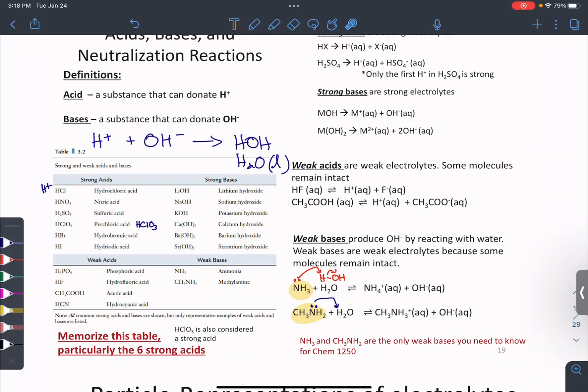Good. Then I also have ammonia here, NH3. Same concentration. Ammonia is what kind of base? Weak. So therefore, what kind of electrolyte? Weak. So what kind of conductivity should it have? Weak. Sometimes being repetitive helps the concept stick, right?